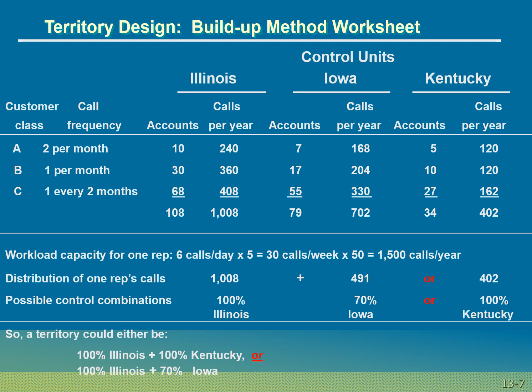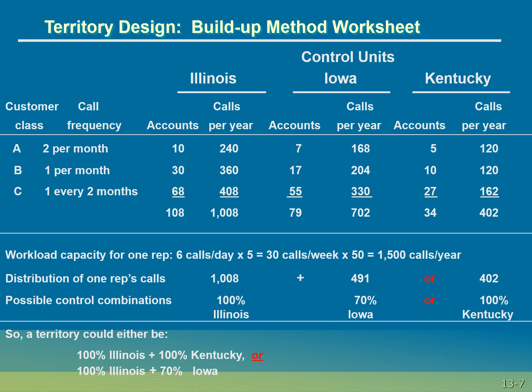For B, 360. For C, 408. You add them together, it's 1,008 calls per year for all 3 types of customers in Illinois. Okay? You can do the same thing for Iowa and Kentucky.